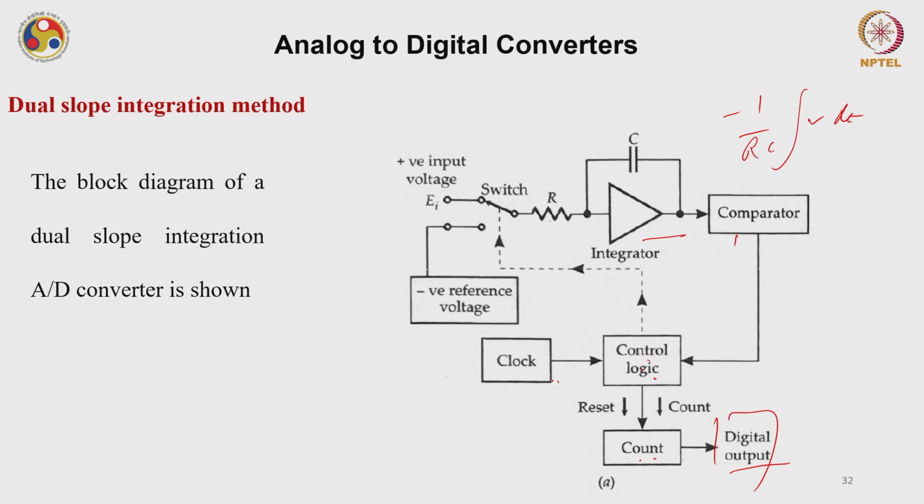You have a positive input voltage and a negative reference voltage, and this switch can move to and fro between this negative reference voltage and positive input voltage. The control logic is actually controlling this switch, so this switch cannot move without input from the control logic.